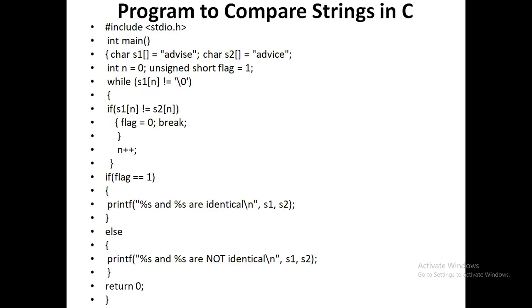So the output is Taj Mahal. Now another program. Why I am discussing these 4 to 5 programs is so that you can understand line by line how an array of characters is different from an array of integers or an array of floats.